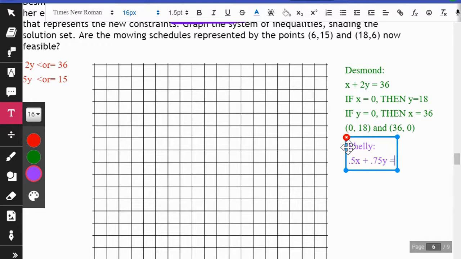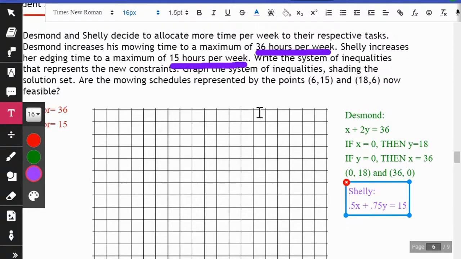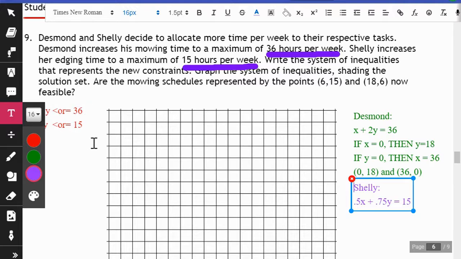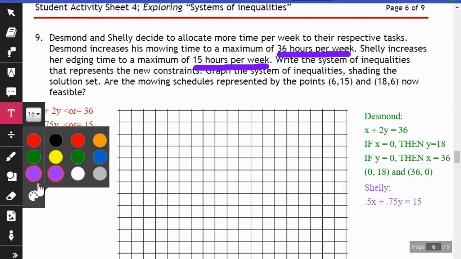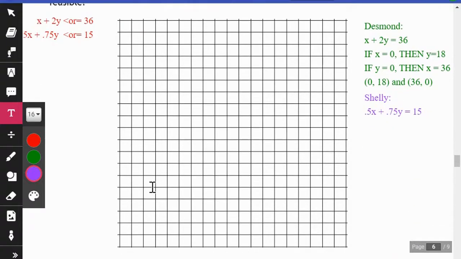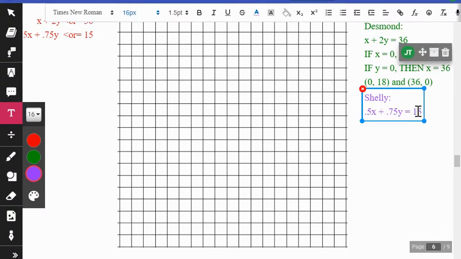Yeah, we're just going to do equals because we're graphing 15. Right? Okay. So what's that leave me with? So I want to see if x is 0.